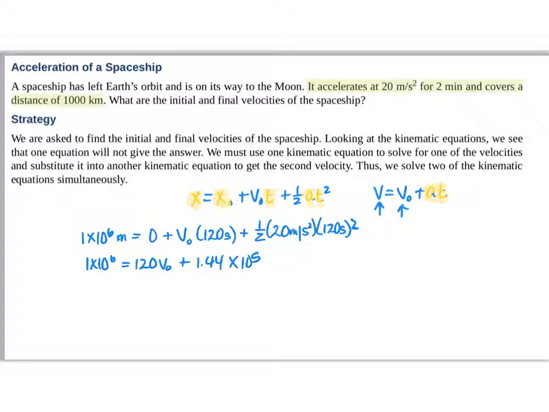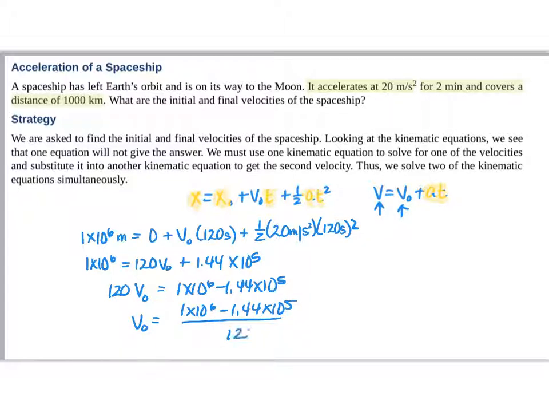And so we can actually solve for v naught. 120 v naught is equal to 1 times 10 to the 6 minus 1.44 times 10 to the 5th. v naught is equal to 1 times 10 to the 6 minus 1.44 times 10 to the 5th, divided by 120. And so we find a v naught of 7,133 meters per second. So that's one of our answers.